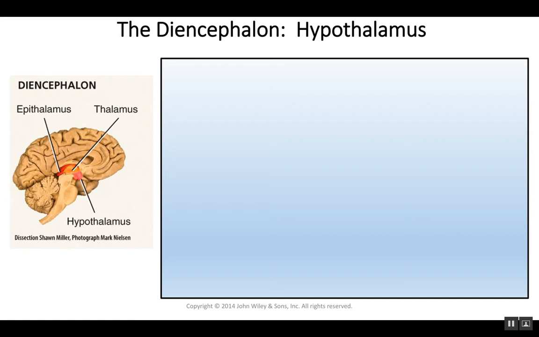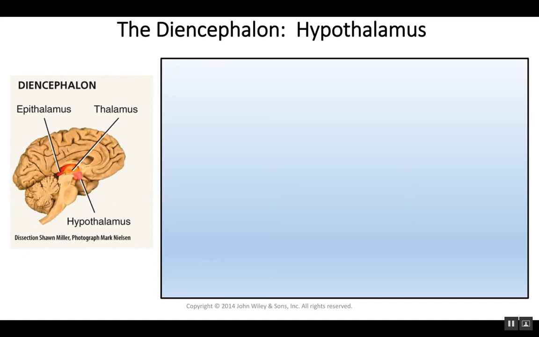It's going to help make sure the body does things to keep it hydrated. It makes sure that the body is going to be consuming nutrients, so it has what's called a feeding center. It helps maintain body temperature, so it has an internal thermostat.